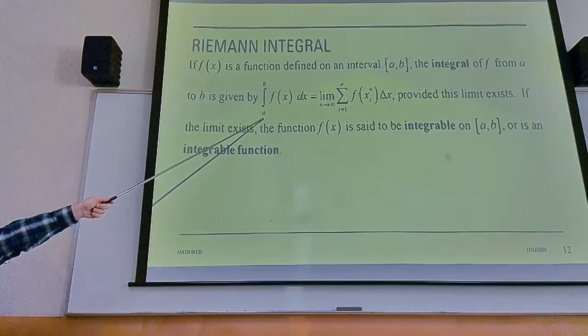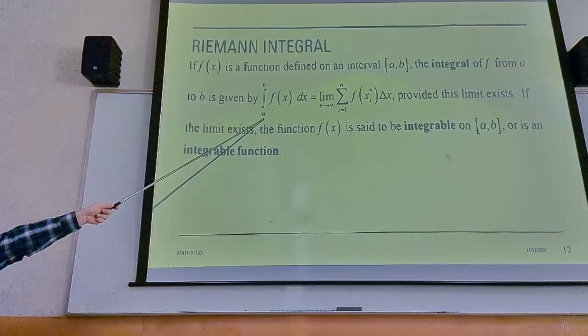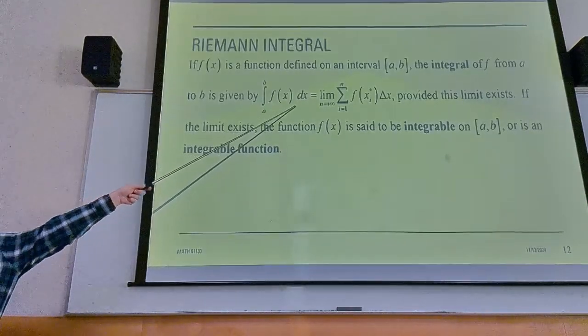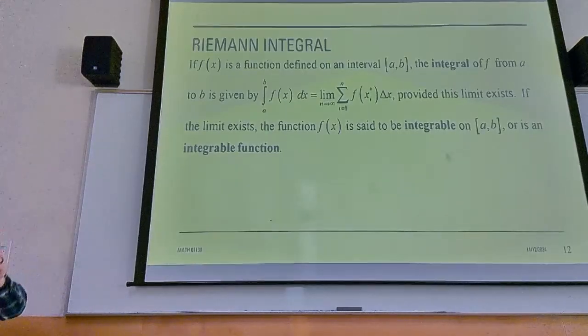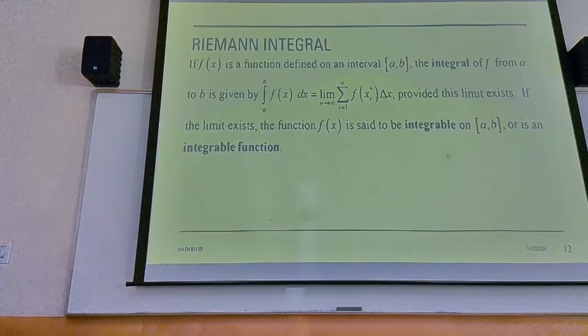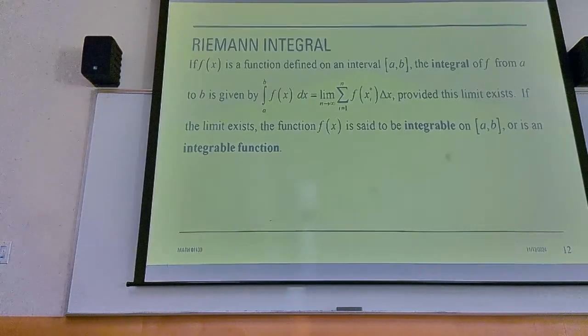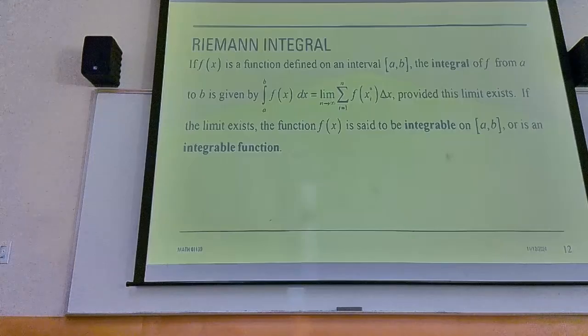Right, so that's read the integral from a to b of f of x dx. Right, so that dx is very important. The differential for x, it's telling you what you're integrating with respect to. And it is the limit as n approaches infinity of the summation from i equals 1 to n, f of xi star delta x, provided that limit exists.